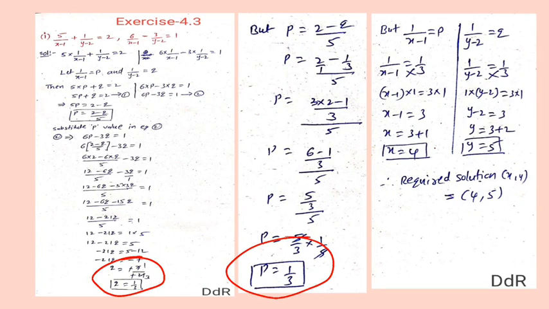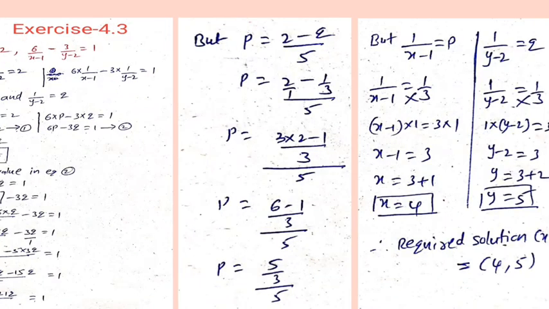But p and q are not our required answer. Our required answer is the x value and y value. That is why at the beginning of this problem we took 1 by x minus 1 equal to p, 1 by y minus 2 equal to q. So here you substitute the p and q values, then you will get the x and y values. 1 by x minus 1 equal to p, and the p value is 1 by 3.